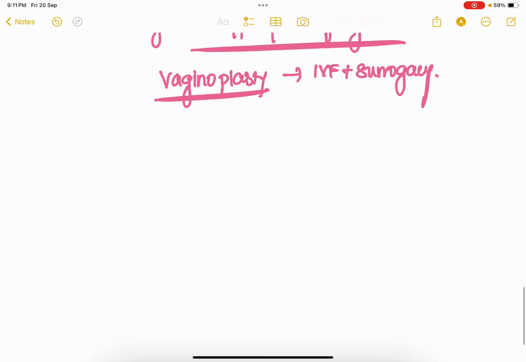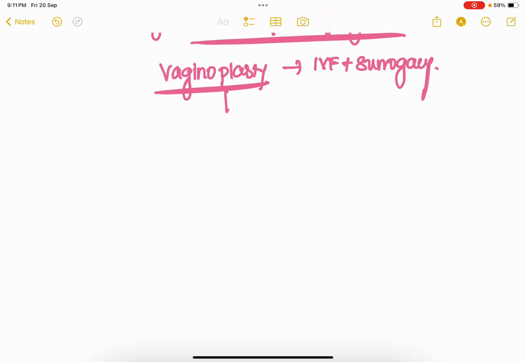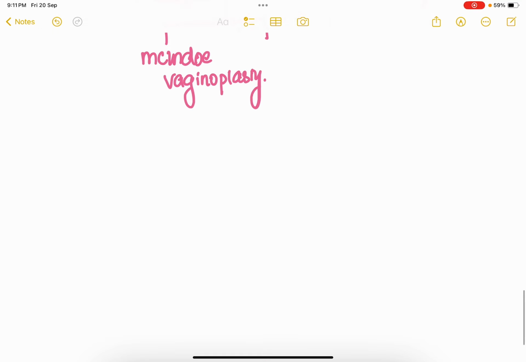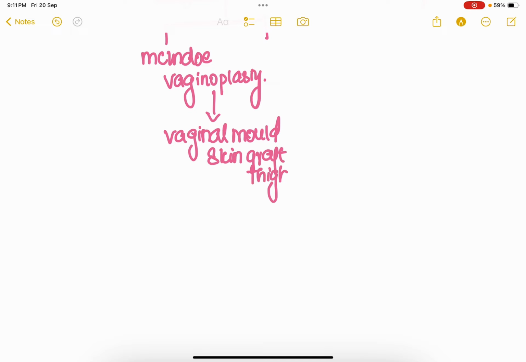Now, this vaginoplasty can be done through two techniques. One is the vaginal mold technique, where vaginal molds are placed between the bladder and the rectum, and a skin thickness graft is taken from the thighs in order to create a vagina.